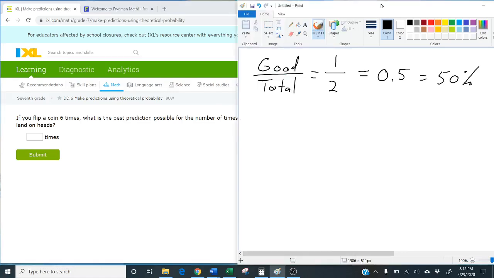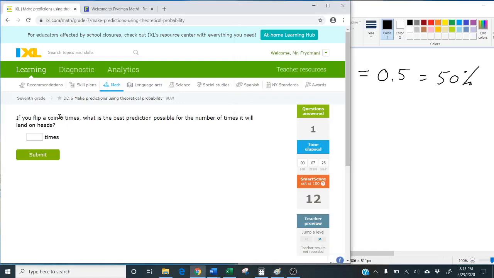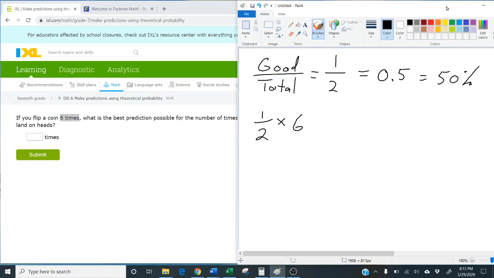Well, to figure that out, we take our probability, which is 1/2, and we multiply it by the number of times we're going to be flipping the coin, the number of attempts, which is 6. That came from right over here. Put the 6 over 1, we get 1 times 6 is 6, and 2 times 1 is 2, and 6 divided by 2 is 3.